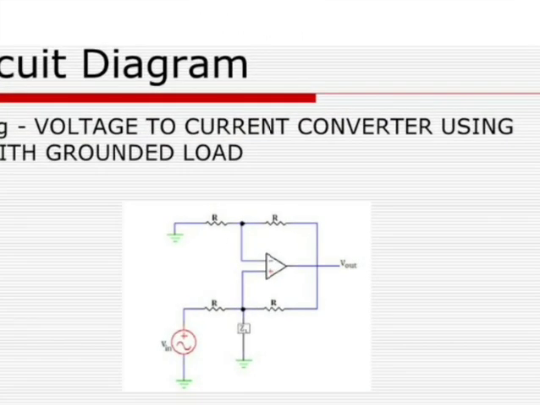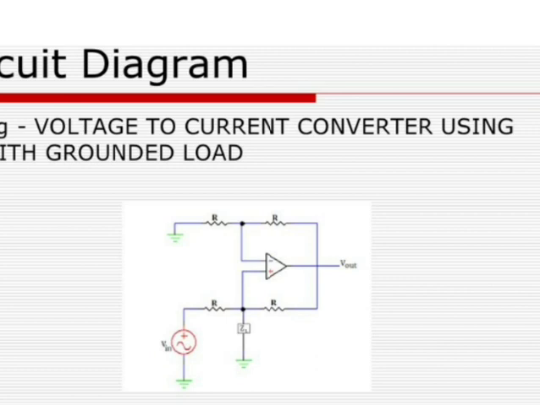So here the analysis of the circuit can be done in two steps. First step is to determine the voltage V1 at the non-inverting terminal, and second is to establish the relation between V1 and the load current IL.